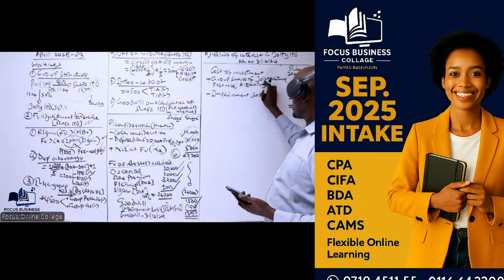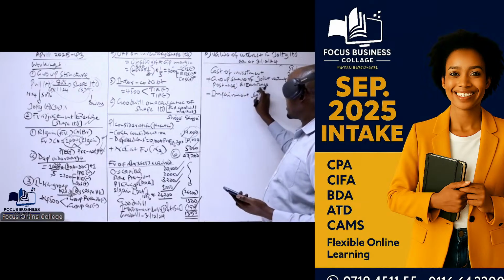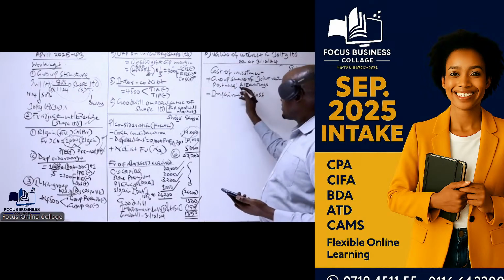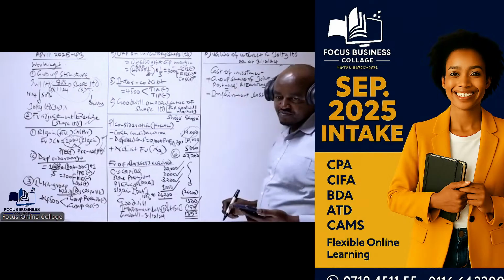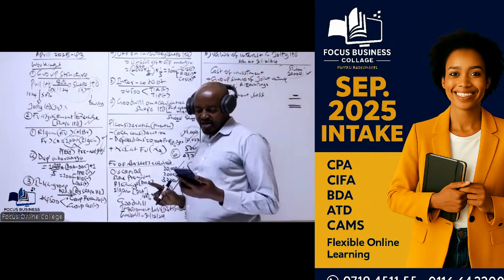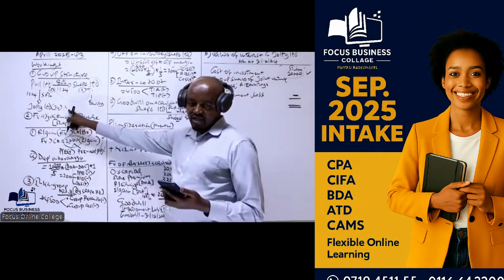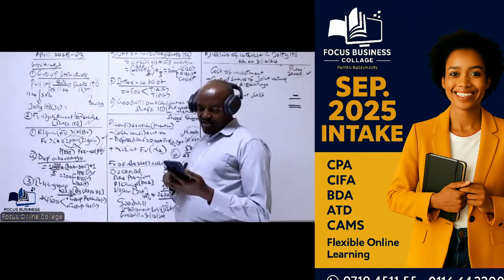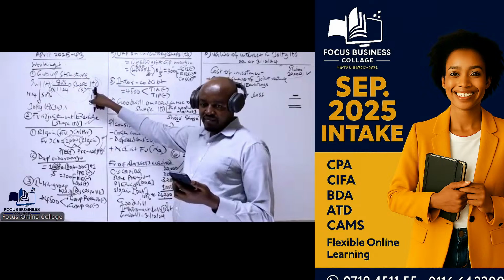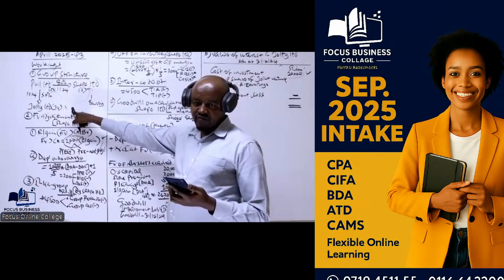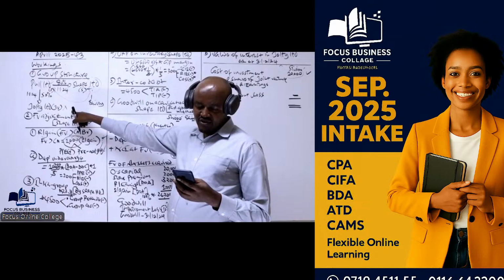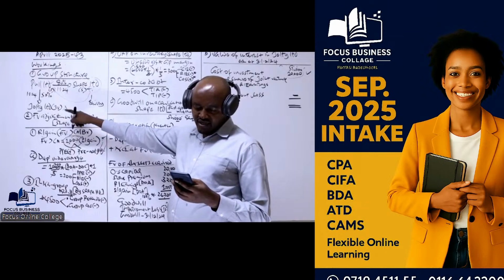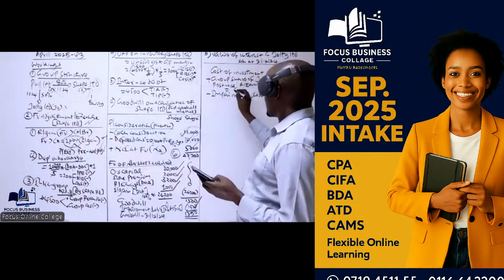So having that, we need to proceed and compute this. What is the group share of the joint venture post-acquisition retained earnings? For us to compute this, we take the retained earnings of this company, that is ON, at the end of the current year, which is in the balance sheet of this company. In the statement of financial position of ON, under equity, can you see the retained earnings of ON? It is 38.